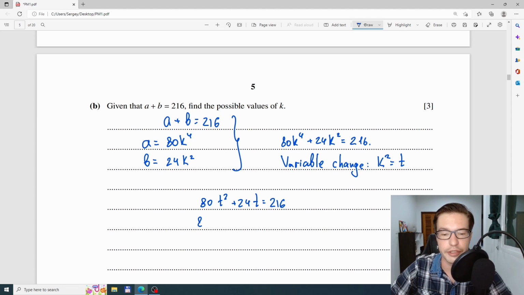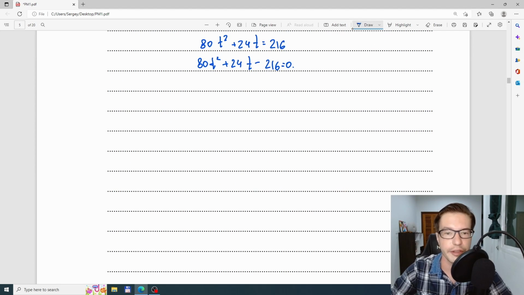Move 216 to the left side. Okay, and then to make things a little bit easier, let's divide everything by 8. So we've got 10t squared plus 3t minus 27 equals 0, and I'm going to use the quadratic formula.